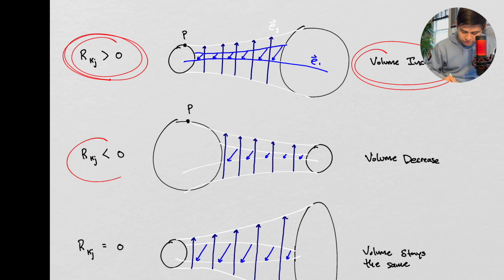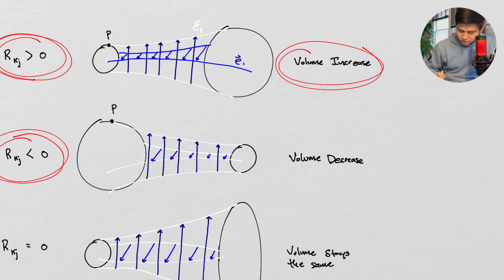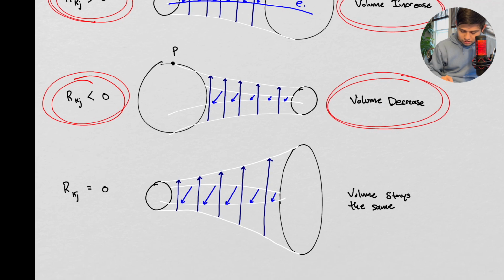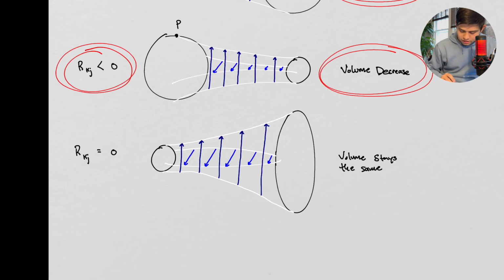And if it's this case, then the volume tends to want to decrease at that point. All right. And what if it's 0? If it's 0, well, we have increasing on one orthogonal slice and decreasing on another orthogonal slice. And so what actually ends up happening is that the volume is not increasing nor is it decreasing. Volume is actually staying the same.